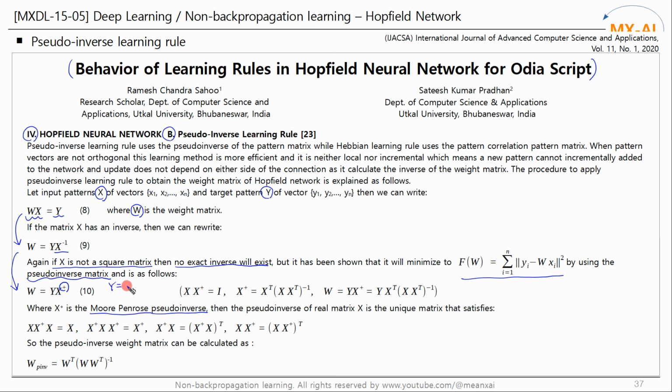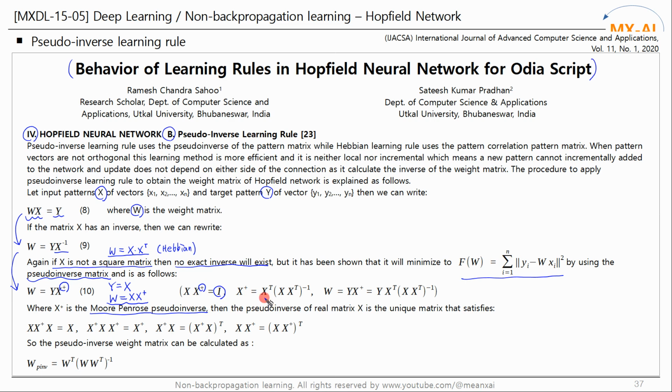If the target pattern Y is the same as the input pattern X, then W becomes like this. As you know in the Hebbian learning rule, W is like this. Since X plus is a kind of inverse matrix, XX plus becomes the identity matrix.